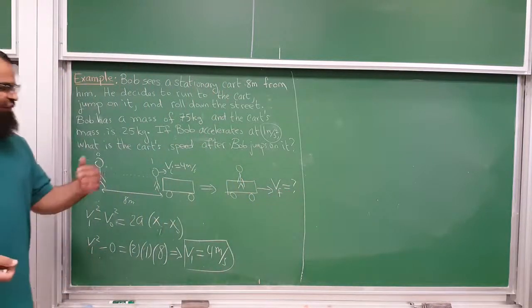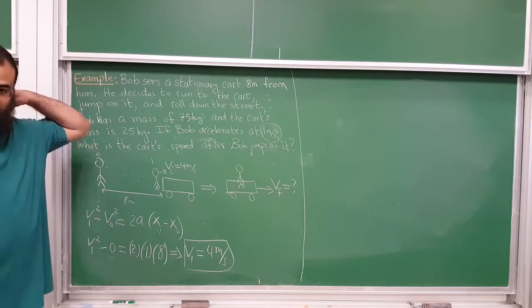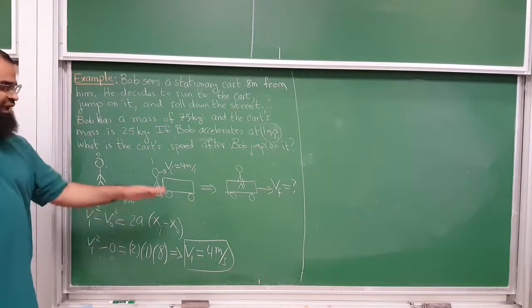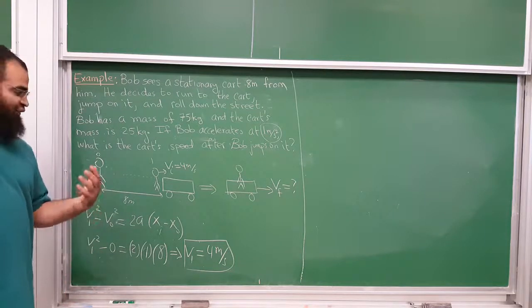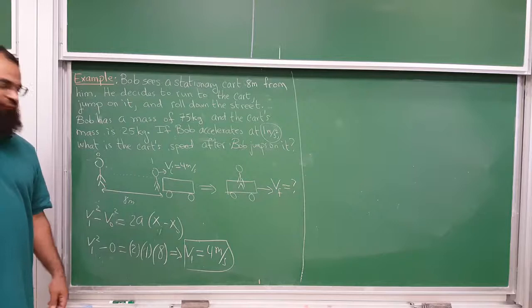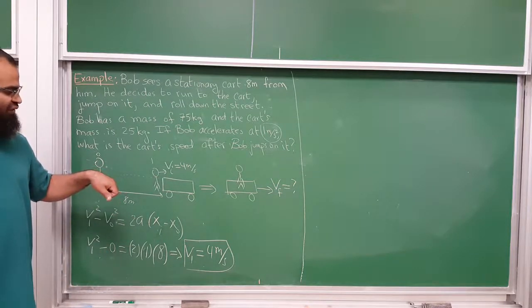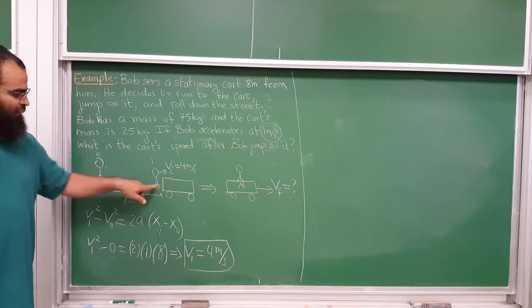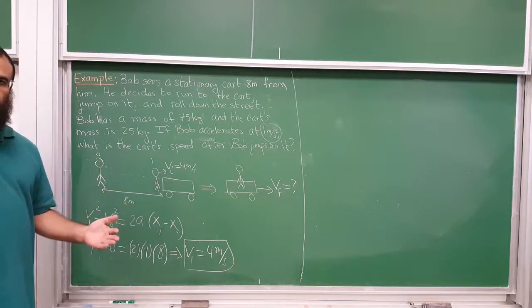Now, before he jumps on the cart and after he jumps on the cart, what's the net external force on him plus the cart? My claim is the net external horizontal force will be 0, because right before and right after, the amount of time is basically 0.